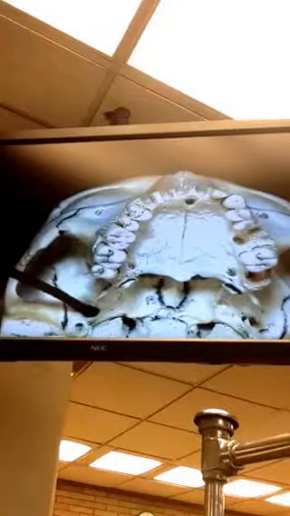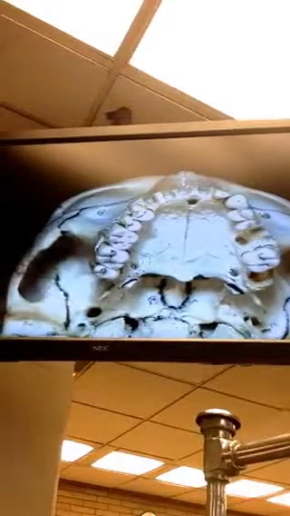As we go farther forward here, we see some structures on the maxilla. Externally, we see here this is the lateral pterygoid plate. This is the tuberosity area of the maxilla.